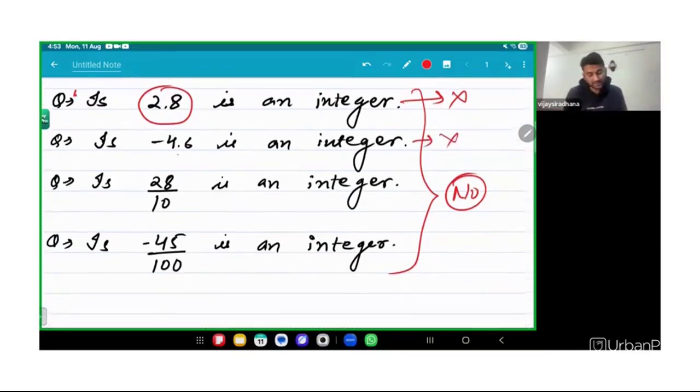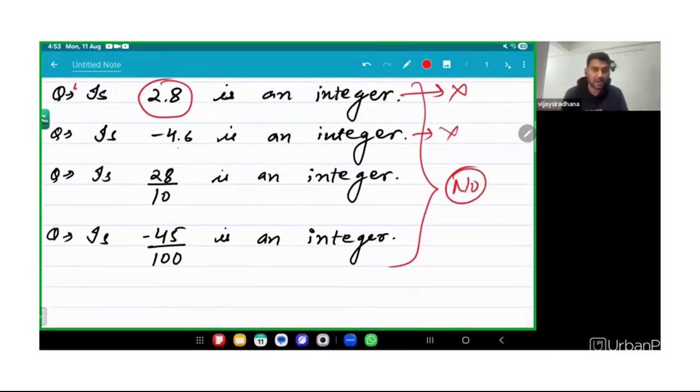Question number three is 28 by 10. Now, if we break down 28 by 10, it's nothing but 2.8, right? Although the numerator and denominator are both natural numbers, they are in fraction form. If we simplify it, we get 2.8, and 2.8 is not an integer because it is not a natural number.